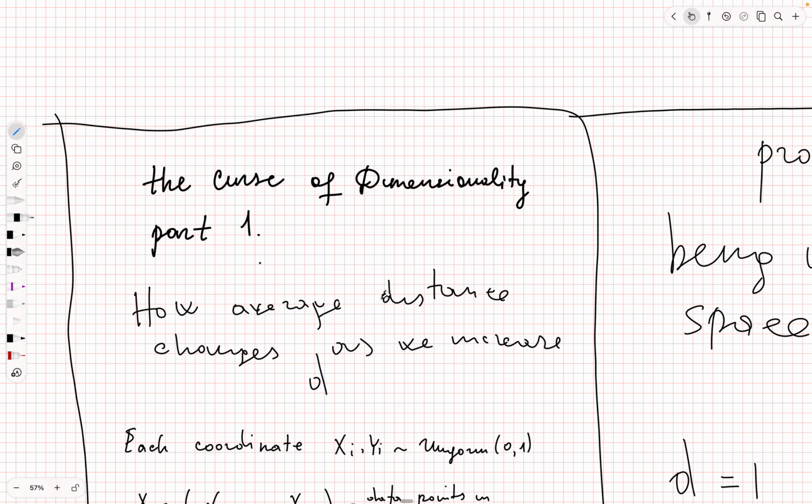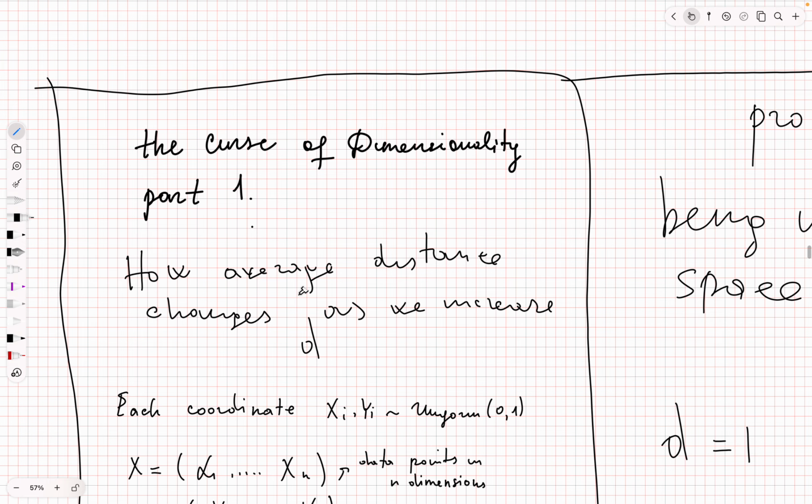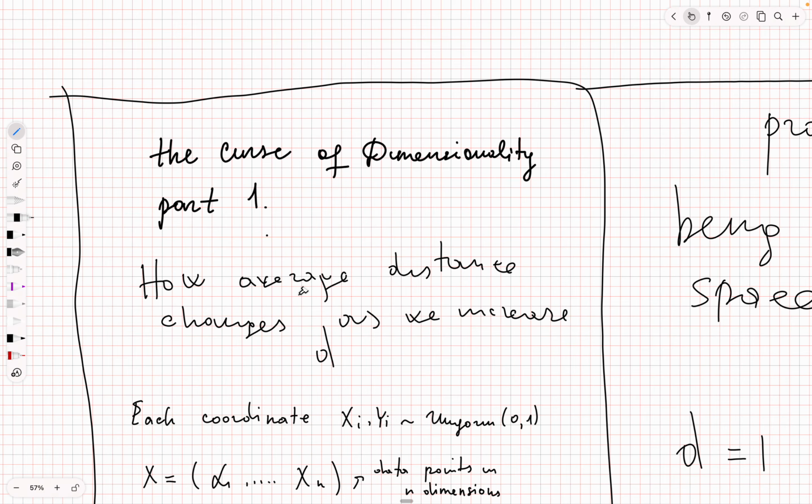First, I will give you a high level of abstraction explanation. Then we're going to go to the math behind it, and we're going to understand what is going on mathematically.